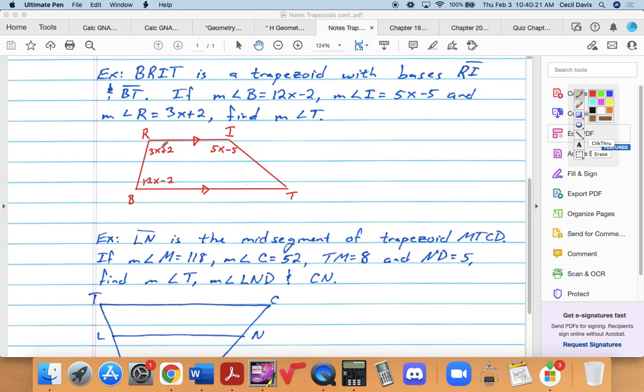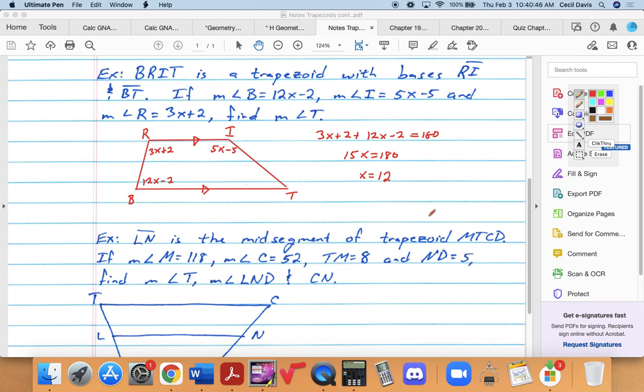Those are same side interior angles formed by parallel lines. They have to be what? Supplementary. So 3x plus 2 plus 12x minus 2 is 180. So it's 15x is 180. So x is 12.